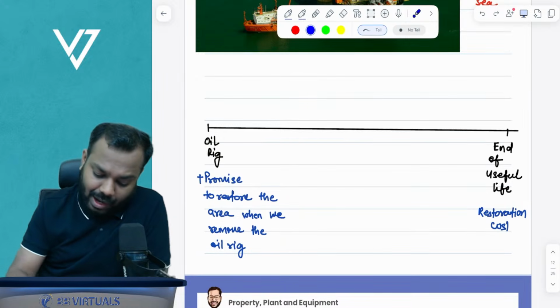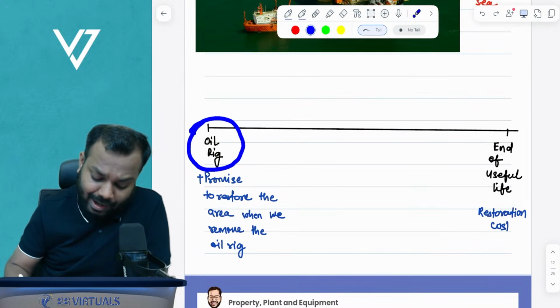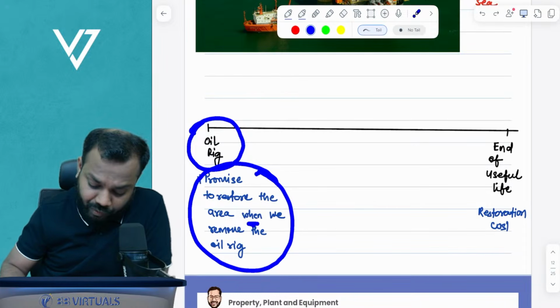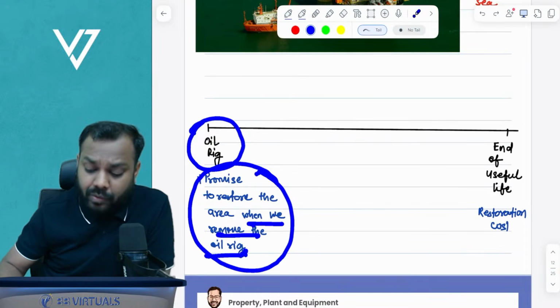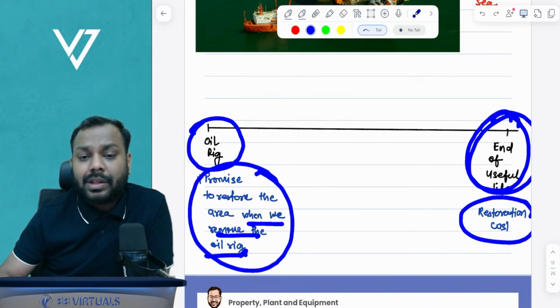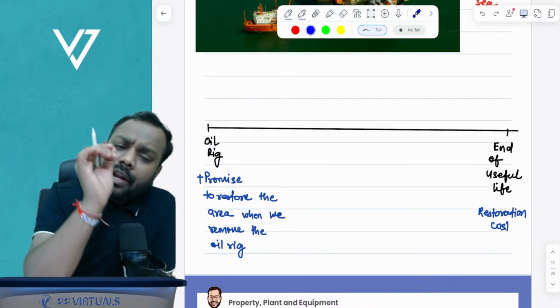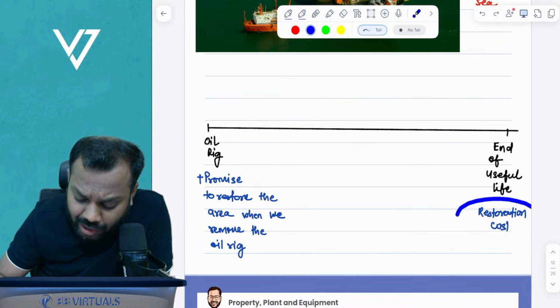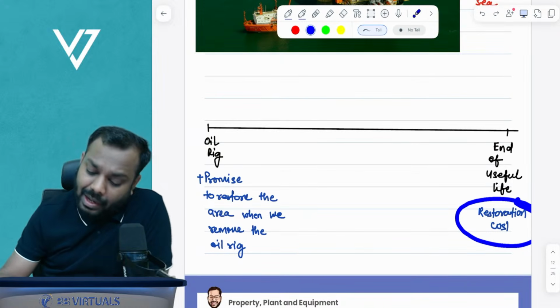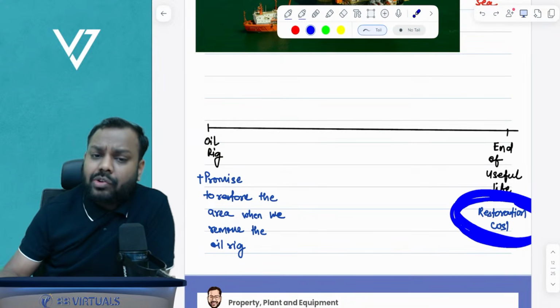I installed the oil rig here and made a promise to restore, and the restoration will be done when we remove the oil rig, which is at the end of the useful life. So at the end of the useful life, I will have to incur the restoration cost. Now can you please tell me, can we avoid the restoration costs? Come on guys, tell me.